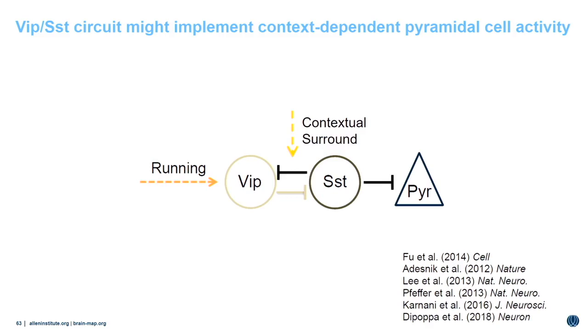Now, in order to understand this, it's critical that we look at these two cell types simultaneously, because we believe that it's the interaction between them that has such a strong contextual modulation.